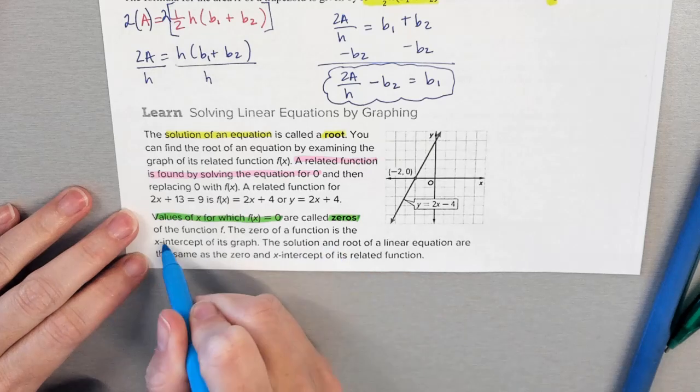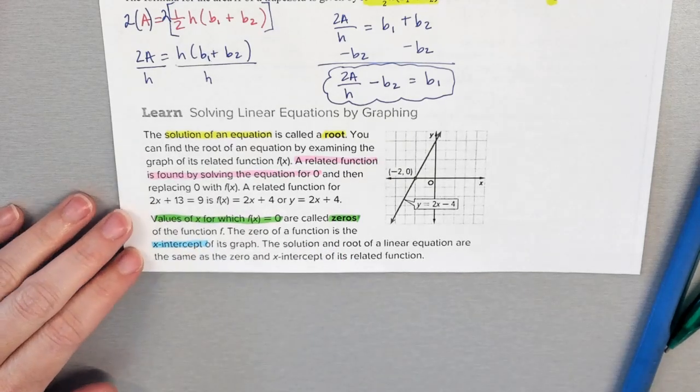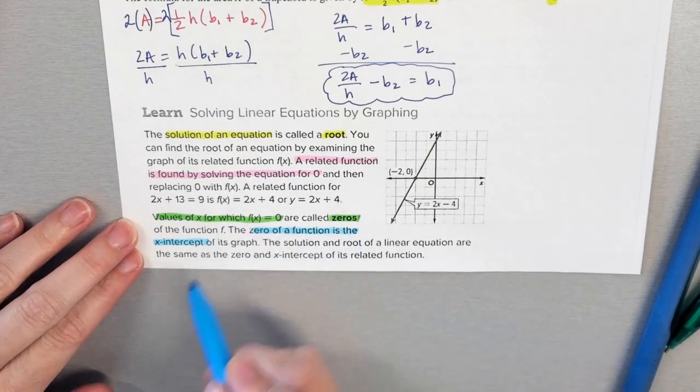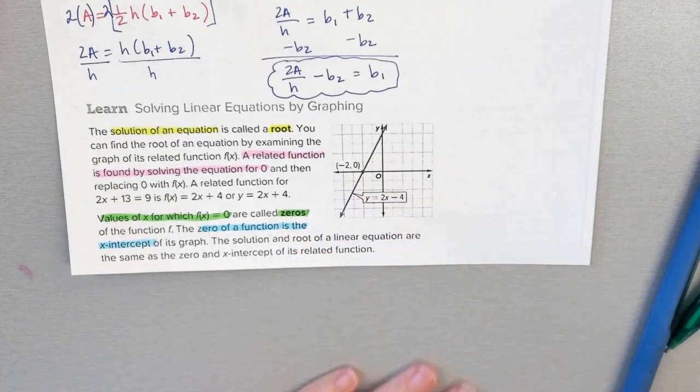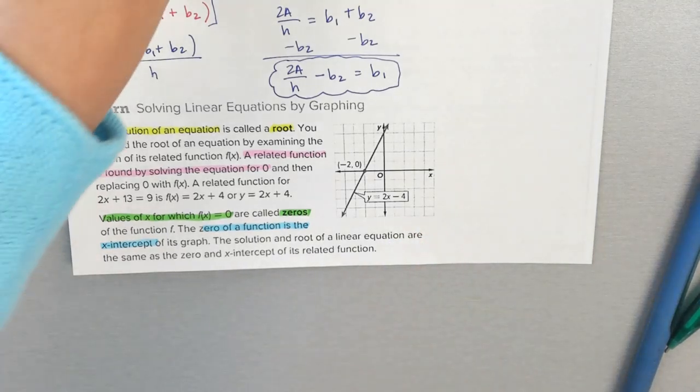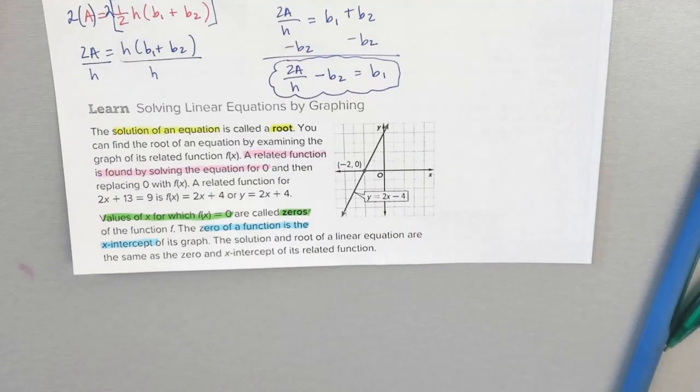The 0 of a function is the x-intercept of the graph. Okay, so the solution and root of a linear equation are the same as the 0 and the x-intercept of the related function. Okay, so those terms are interchangeable.